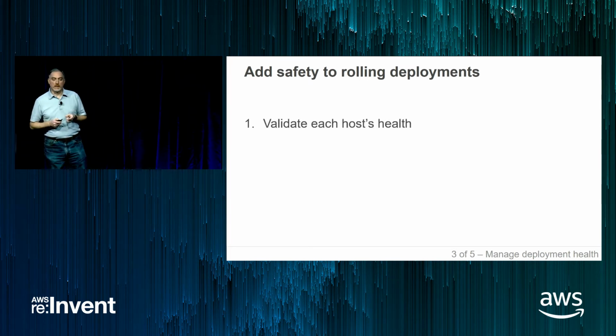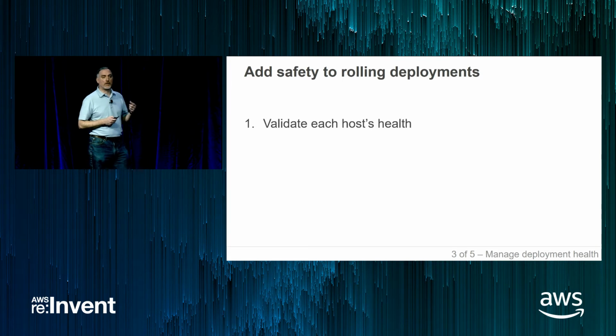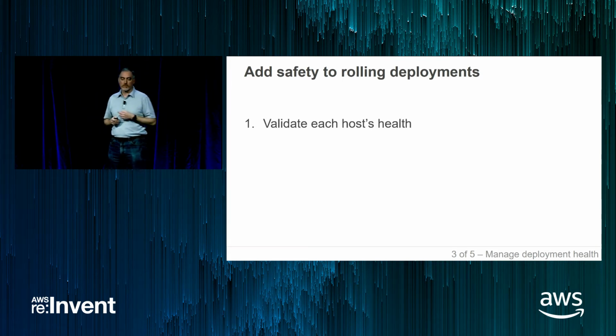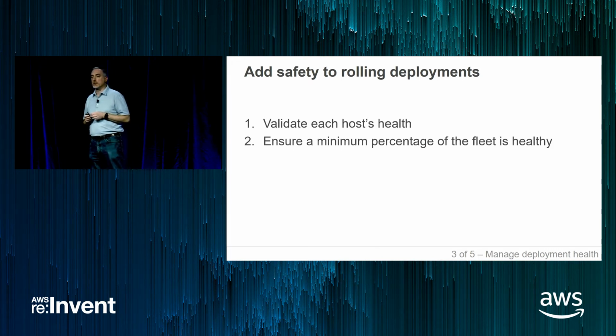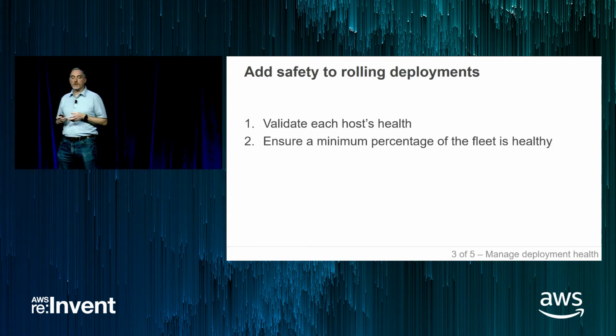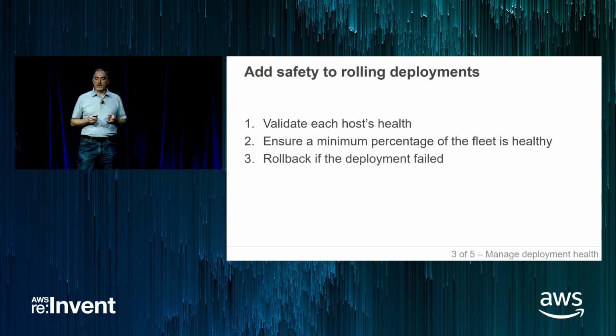The first check we need to do is for each host that we deploy to, we should start up the application and then quickly verify that the application is working. Second, we need to configure our deployment engine to tolerate a small number of failures. And lastly, if the deployment fails, we need to roll back to the previous version.